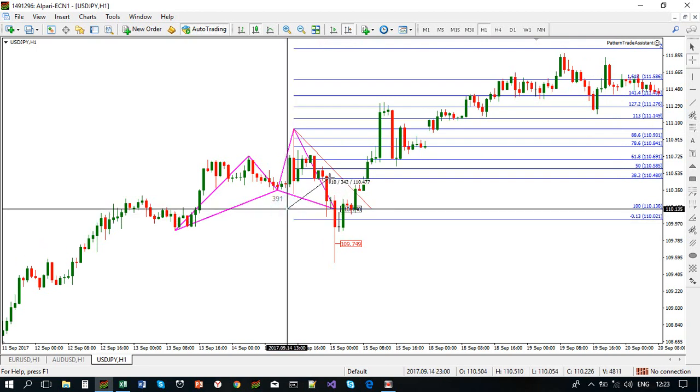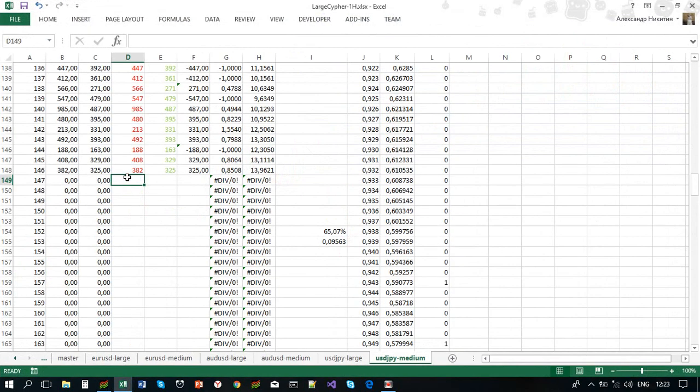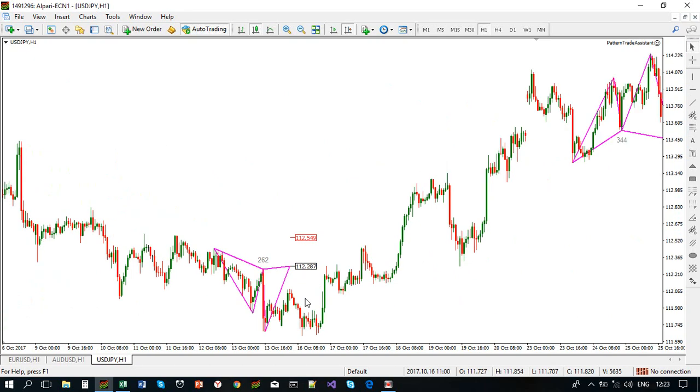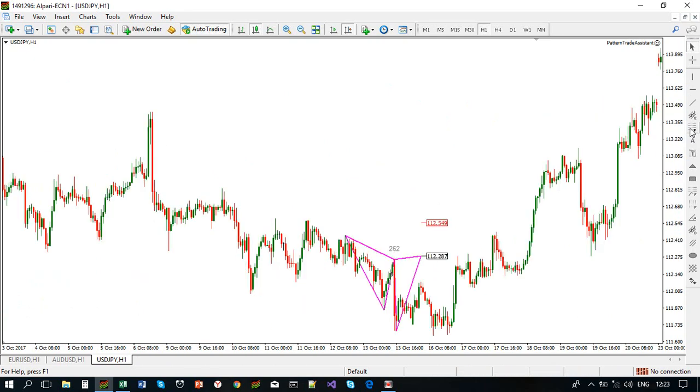This one is a loss, and it is 34.2, 39.1. It equals to minus that. It is a stop loss. Okay, this cipher first.